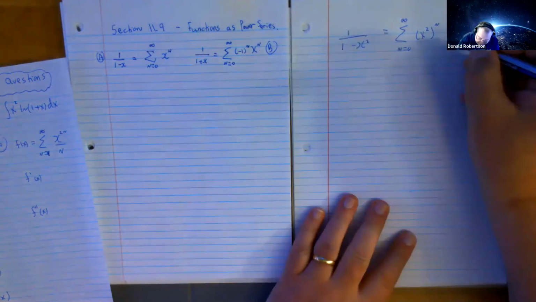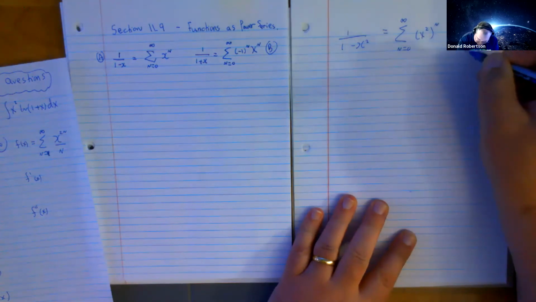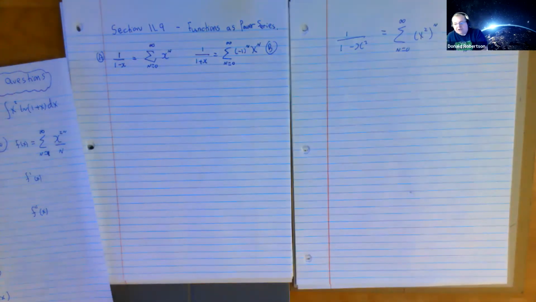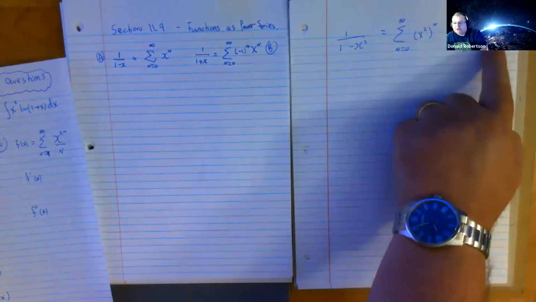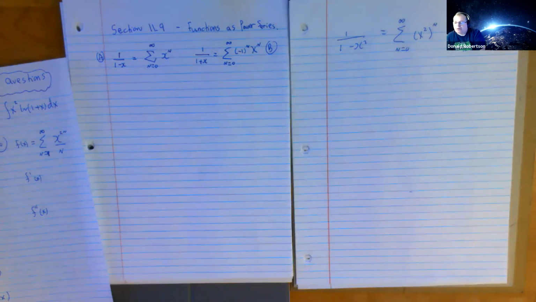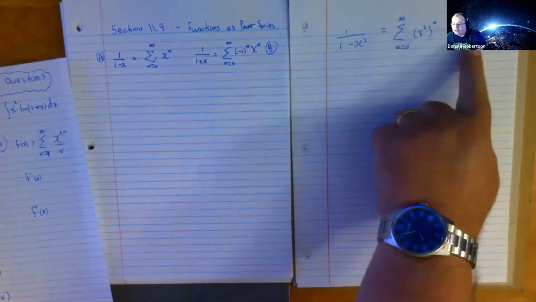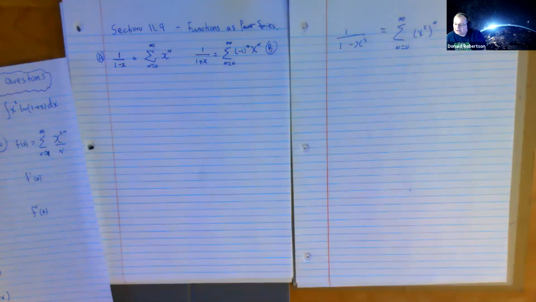Well, you're meant to tidy power series up. They have their own rules of style points. The biggest rule, apart from the obvious one that if you can cancel things and simplify them, you should, is that x has to be written as a power on its own. So it can't be written as x squared raised to the n. You have to call it x to the 2n. That's a pretty easy one.